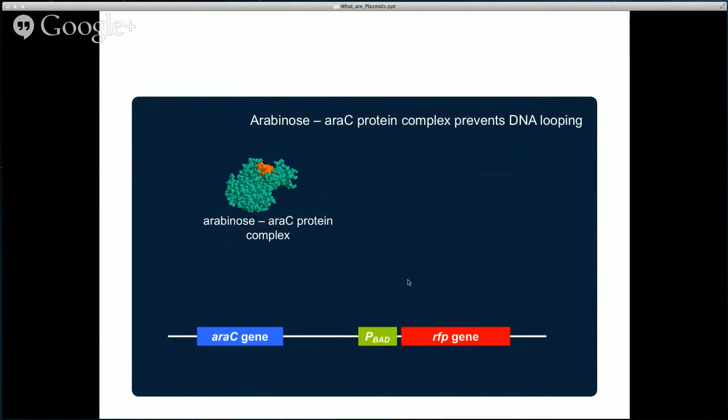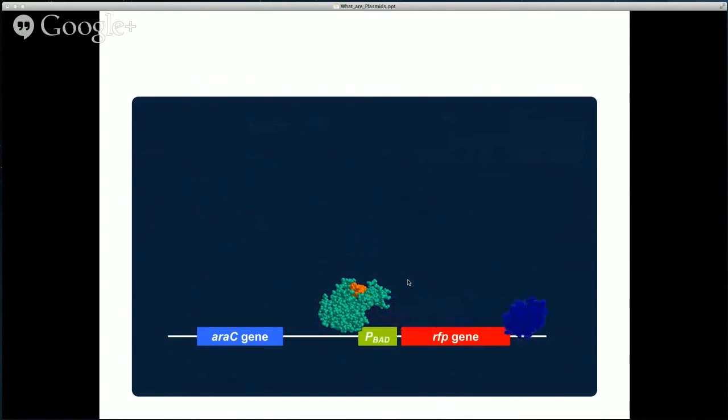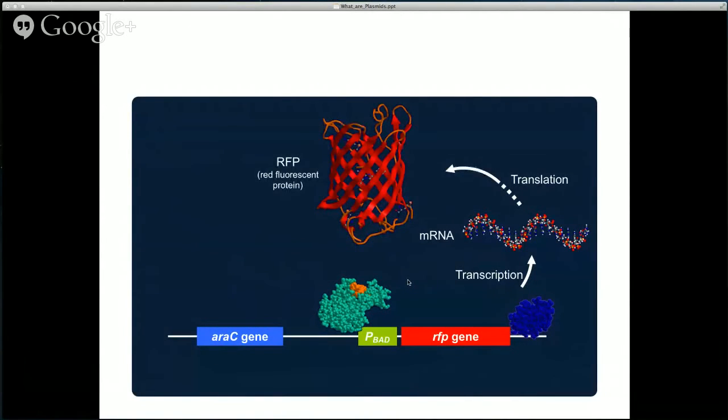And when it changes the shape, it binds with RNA polymerase, and then it helps to sit right onto the PBAD promoter, which then allows the RFP gene to be created. And it creates RFP.